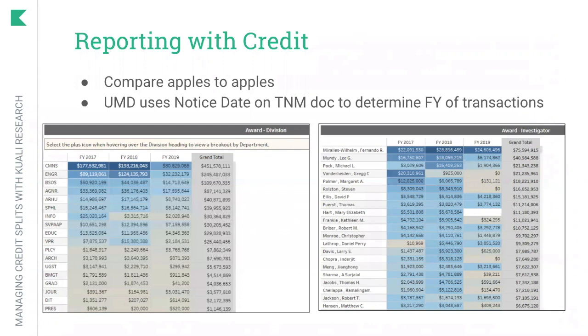So if we needed to rank our investigators or identify how much a particular investigator is responsible for bringing in transactions in a particular year, we are able to do that, or realistically with any particular time frame.